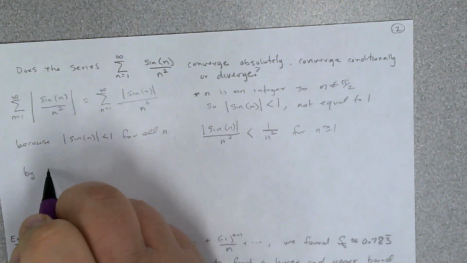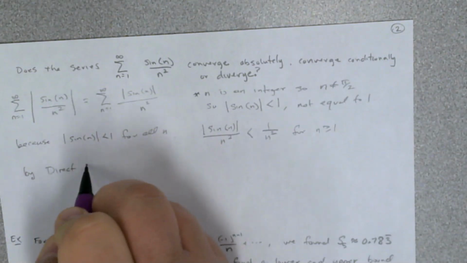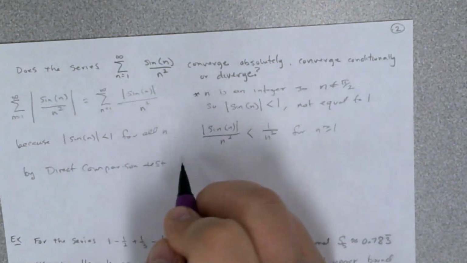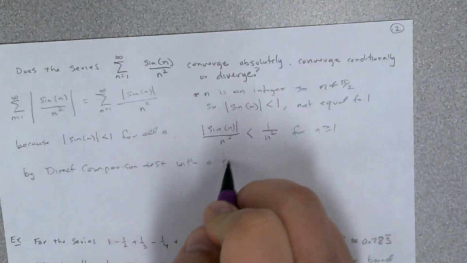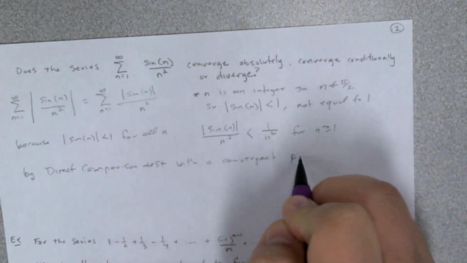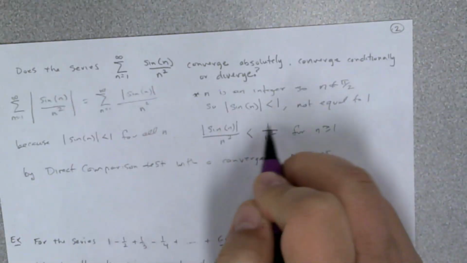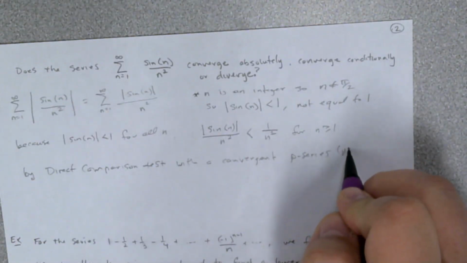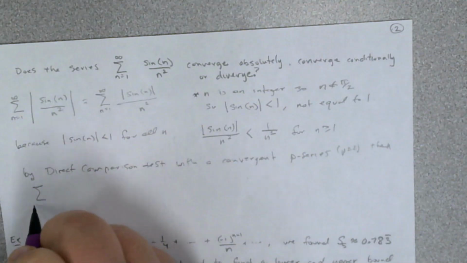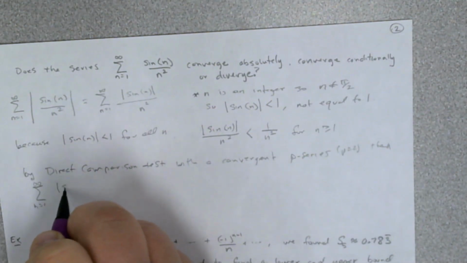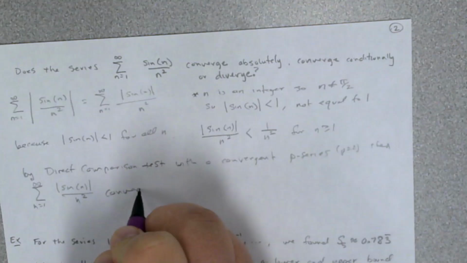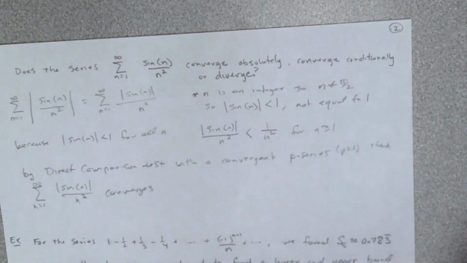So by the direct comparison test with a convergent p-series, where p is equal to 2, this series converges.